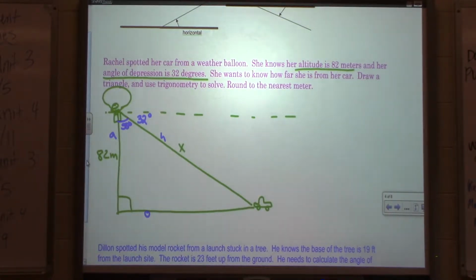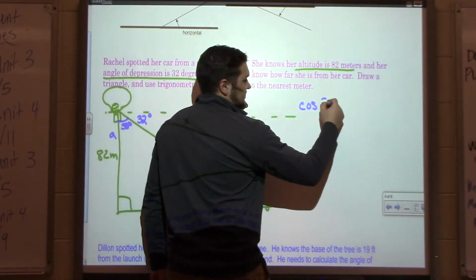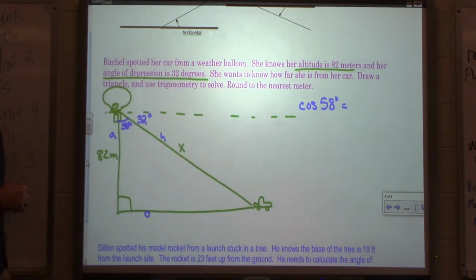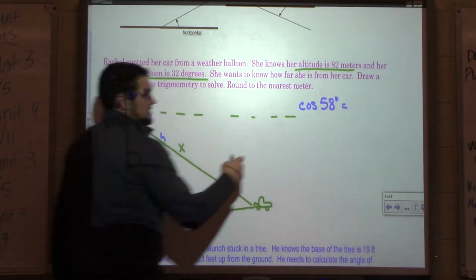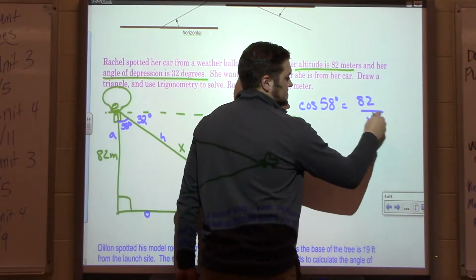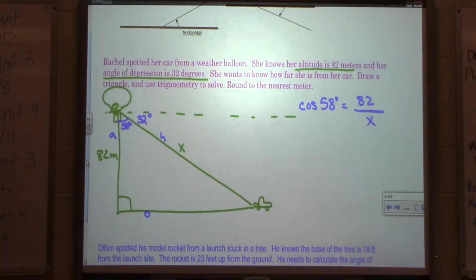Which out of SOHCAHTOA, that means I'm using the cosine. So the cosine of my angle, cosine of 58 degrees, equals the adjacent 82 over the hypotenuse x. Okay? So now all we need to do is solve for x.